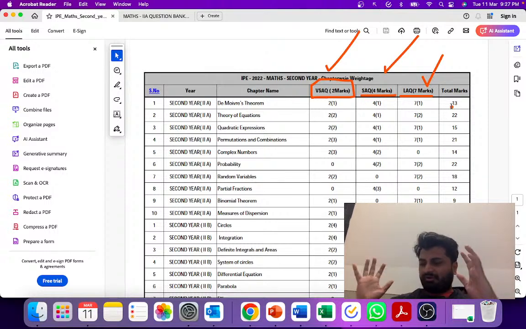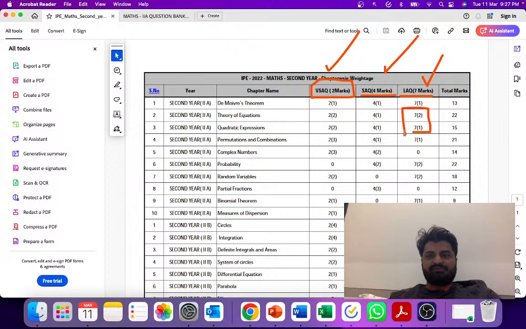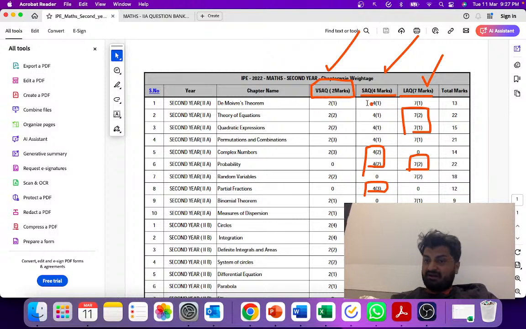I didn't want to have a detailed session because it's already late and you are all writing the exam tomorrow morning. So I just wanted to give you a brief. In long answer questions, quadratic equations, theory of equations, and probability you can score. In short answer questions, partial fractions, probability and complex numbers are scoring.